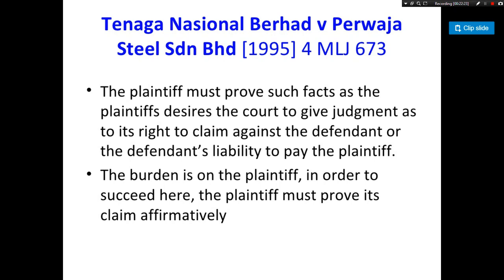The plaintiff must prove such facts as the plaintiff desires the court to give judgment as to his right to claim against the defendant, or the defendant's liability to pay the plaintiff. The burden is on the plaintiff in order to succeed here. A plaintiff must prove its claim affirmatively.